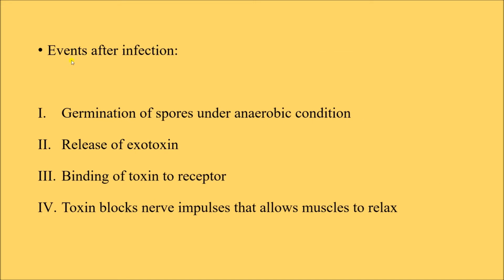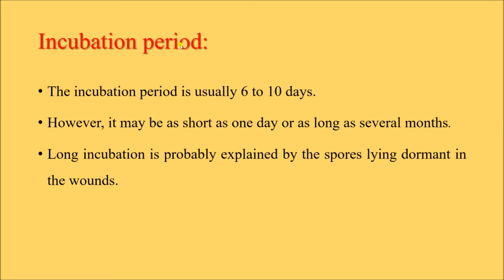There are certain events that occur after infection, like germination of the spores under anaerobic conditions. Then the spores release exotoxin, and this toxin binds to certain receptors. These toxins then block the nerve impulses that allow the muscle to relax, and because of that the muscles cannot relax anymore and go into a permanent contraction state.